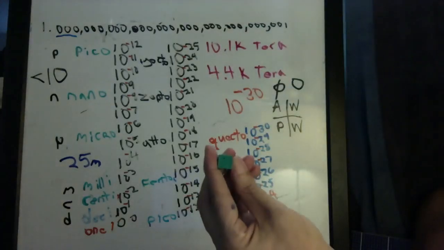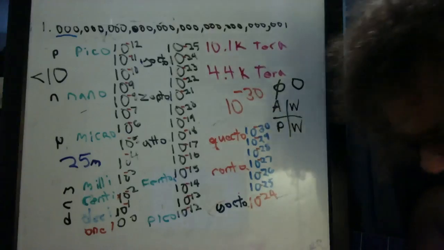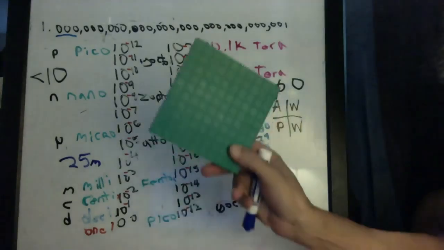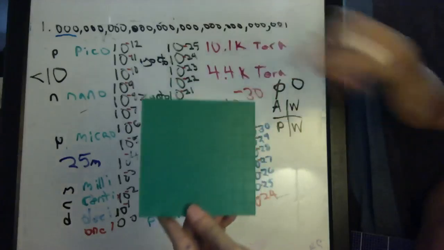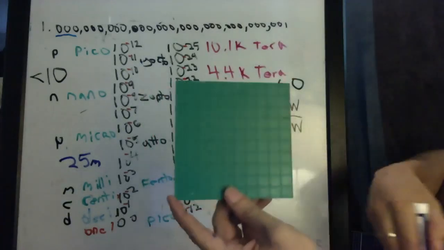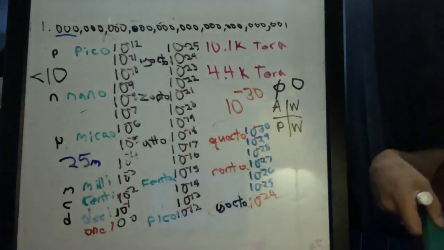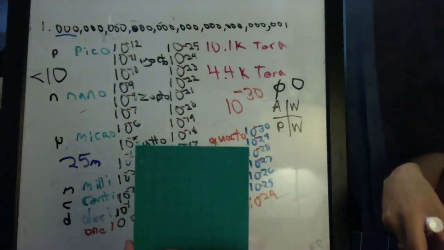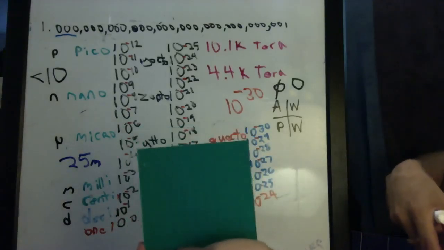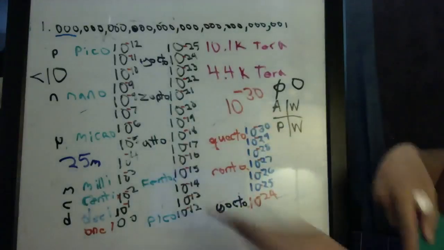Use your imagination. Okay, so now I've blown it up, and this is hundredth, over here, centi. I've cut my 1 into 100 pieces. And then I gotta do it again to get to milli.